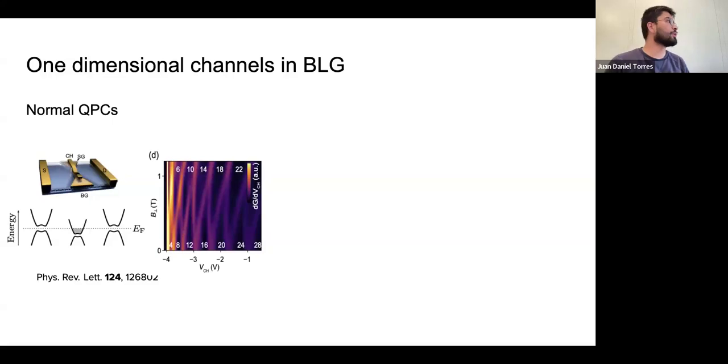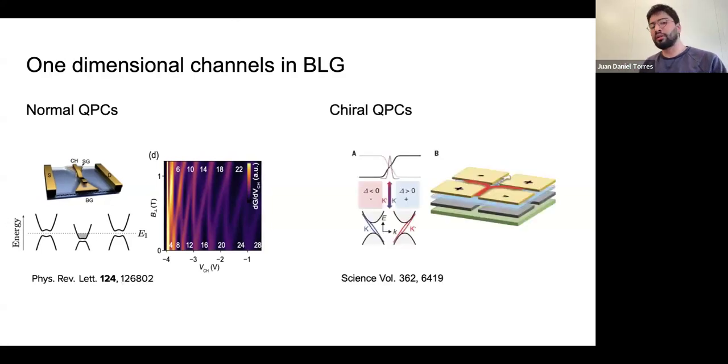In what follows, I will be referring to this kind of channels as normal QPCs. That is in contrast to the so-called chiral QPCs. Chiral QPCs are devices where the direction of the displacement field changes. That is, you have a region where the field goes up, connected to a region where it goes down. In between these two regions, there is a domain wall, and as is usual in physics, in this domain wall you have a state that lives there.